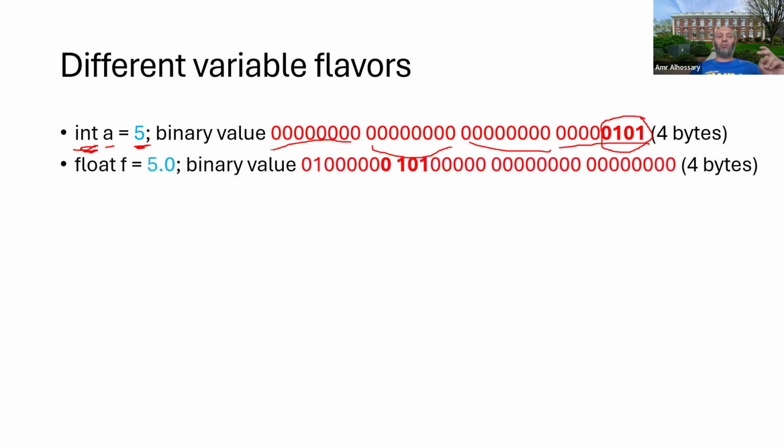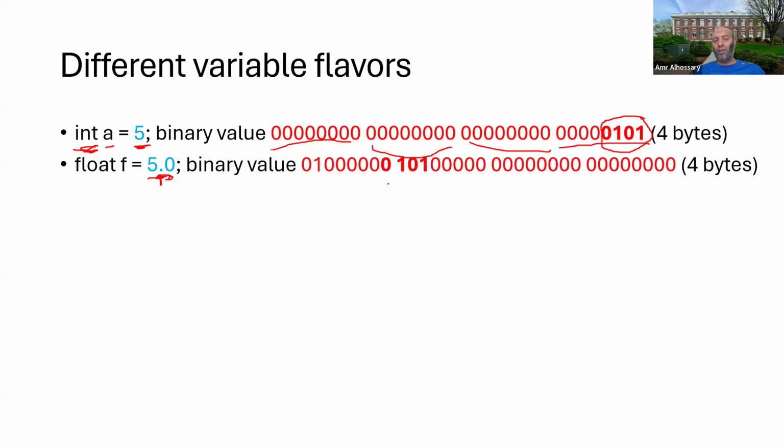Floating point. For the floating point, 5 is written as 5.0, or as long as there is a dot, then this is a floating point. You can write only 5 dot or 5.0, both are the same. This is a binary value.